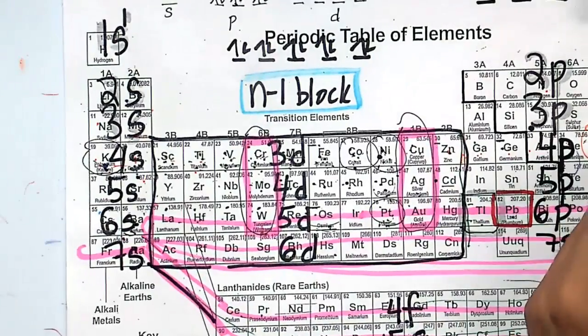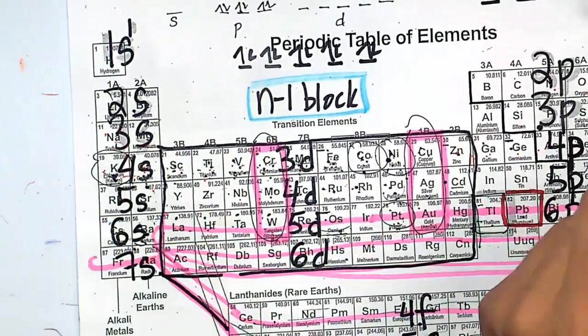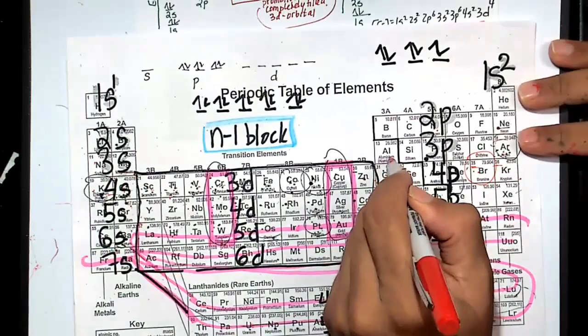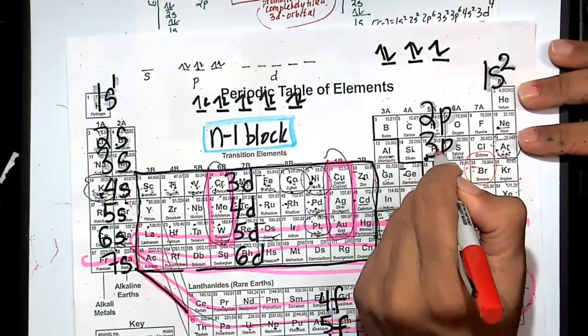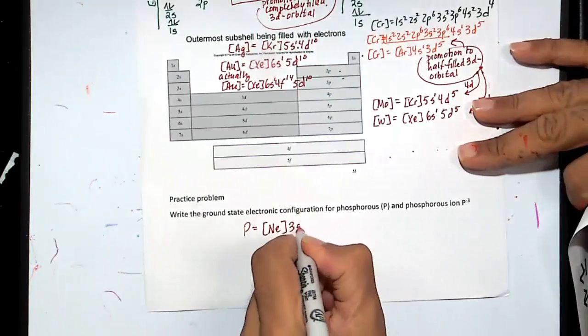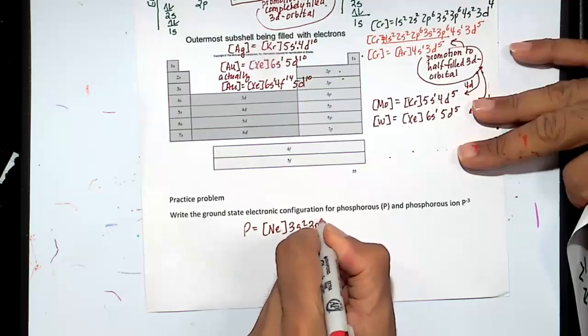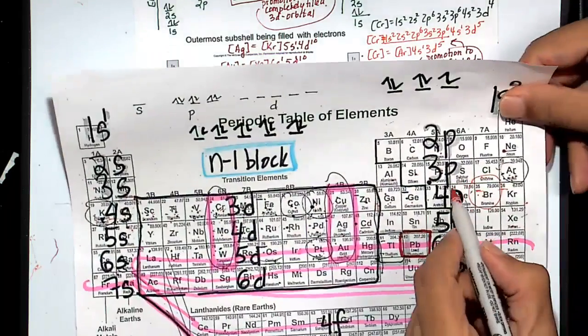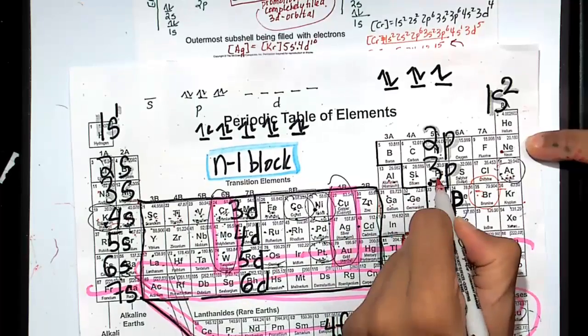After that, 15 electrons, so 10 from neon. Okay, 3s2, 3p1, 3p2, 3p3. So phosphorus is neon, 3s2, 3p3.